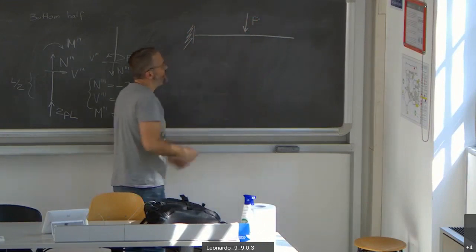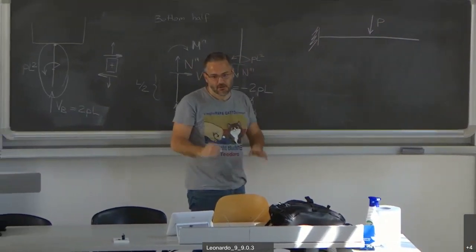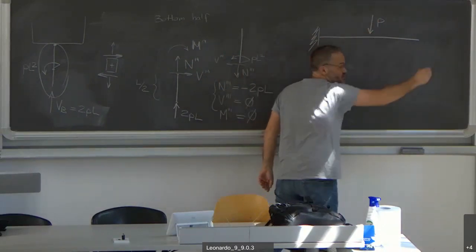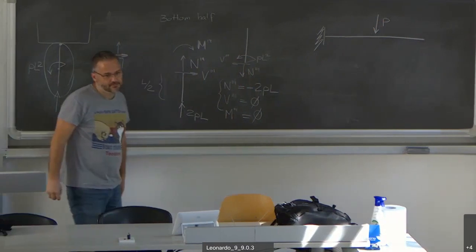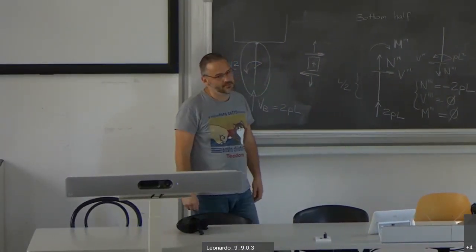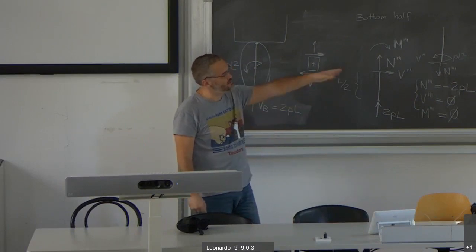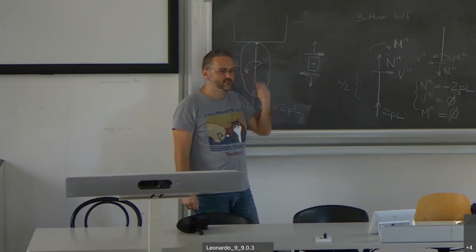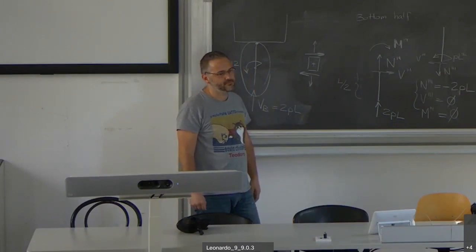Concentrated force applied at the half of a cantilever beam. Question to you: will this force go to the left or to the right? Well, if you had drawn symmetric supports, I would say it would be split equally. I drew a cantilever. I don't know what actually happens, but I'm assuming that because the support is on the left, most of the force would go toward the left because it is the only thing that can carry it.